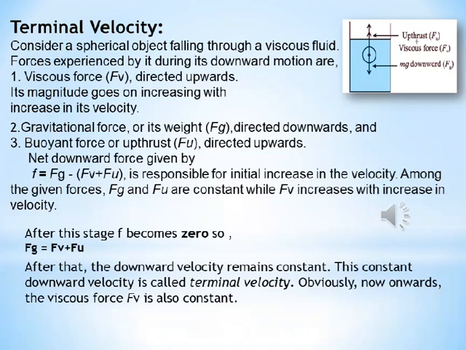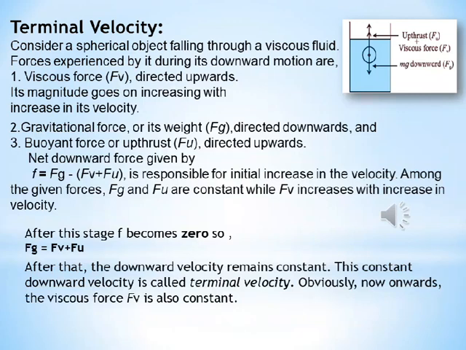Now at some point we consider f to be 0. The net force will be 0. So what happens to that equation? It becomes Fg equals Fv plus Fu. Here Fg, the gravitational force due to the weight of the spherical body, is obviously constant.